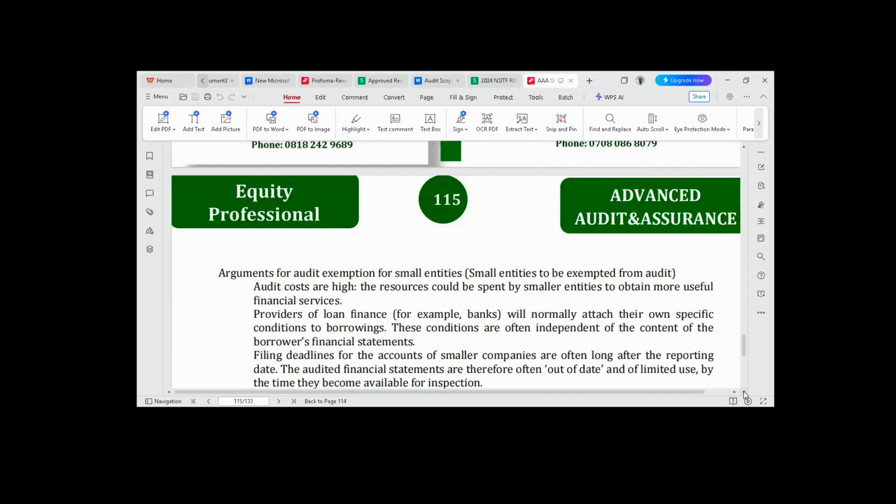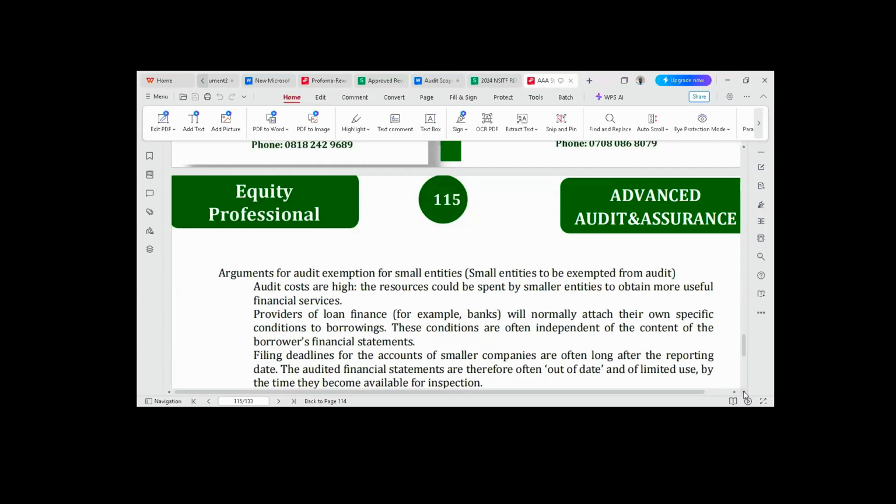The credit risk department of the bank has its own risk management metrics that they deploy to evaluate whether the organization will be granted credit or not. So they don't only focus on what? On the audited financial statements. That's another advantage.